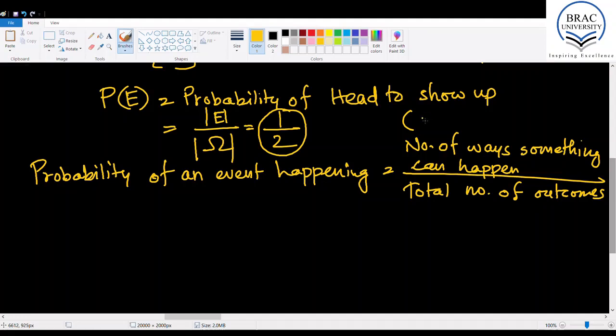So it's actually the number of favorable cases divided by the total number of outcomes.